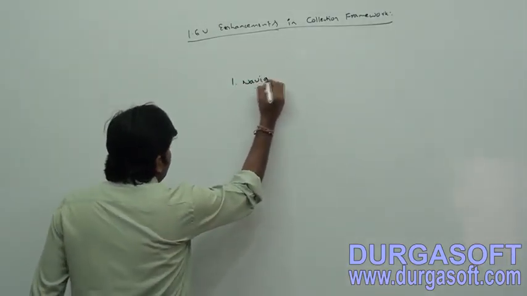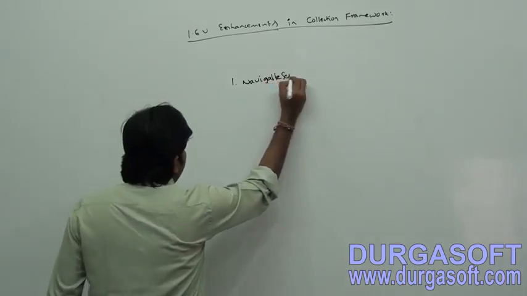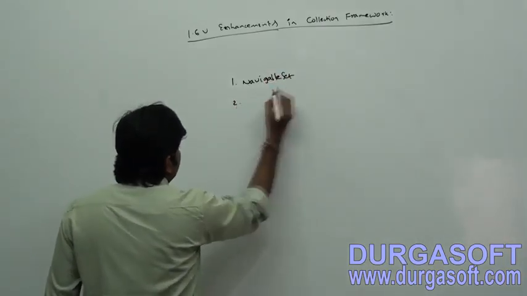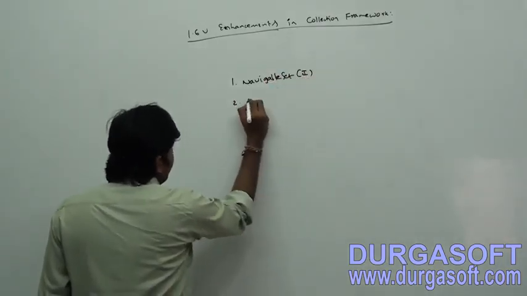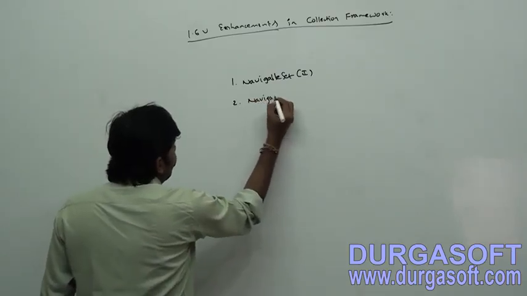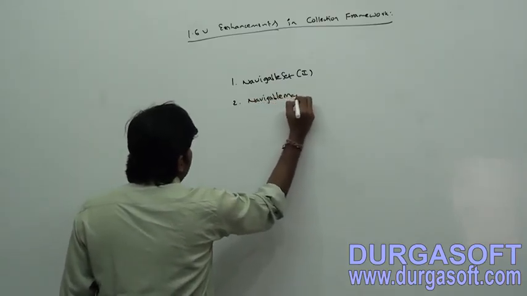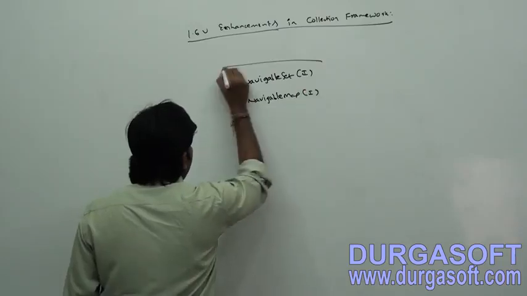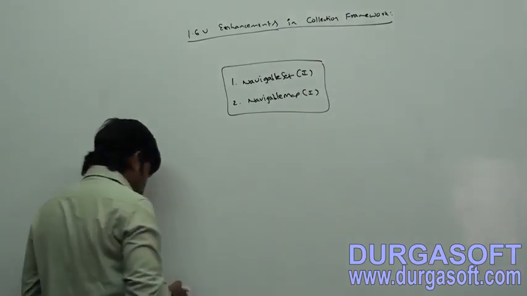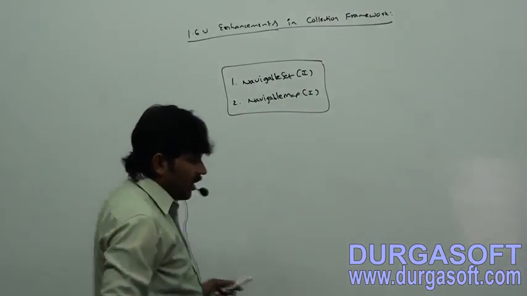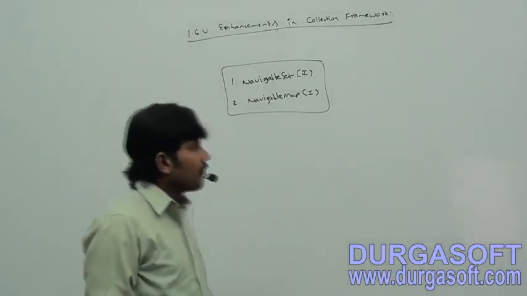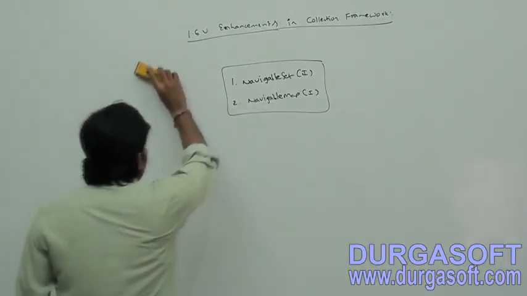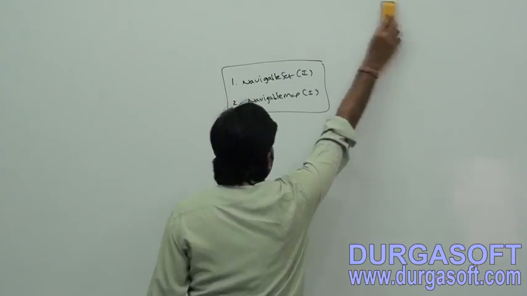First one, navigable set. Second one, navigable map.